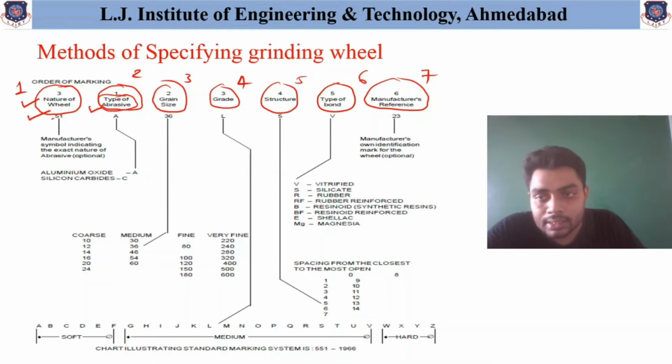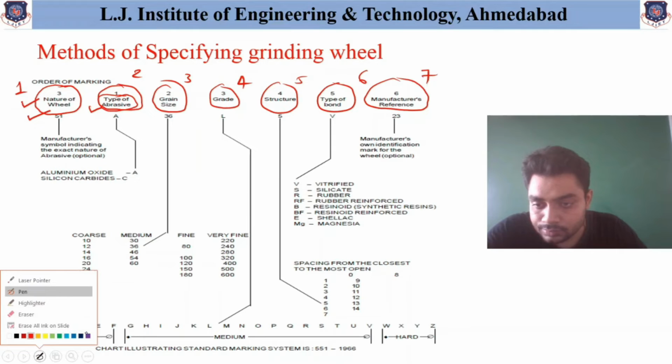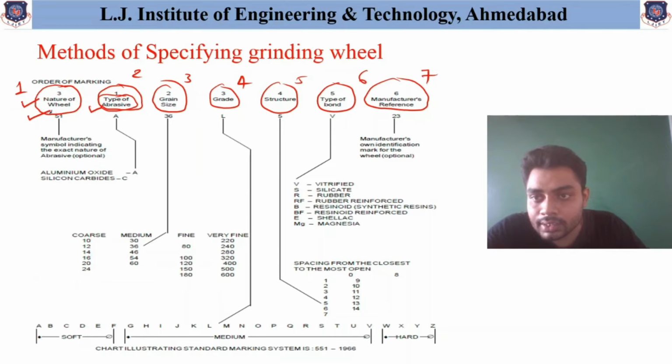Suppose, as shown over here, the number 51 is indicated. What is the indication of this 51? This 51 gives the idea about the nature of the wheel. It is the manufacturer's symbol indicating the exact nature of the abrasive, and it might vary based on the companies or industries manufacturing this grinding wheel.